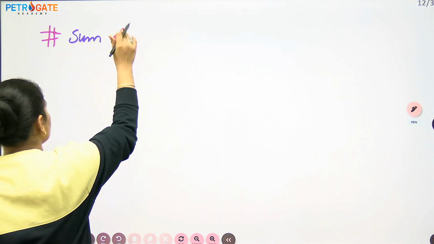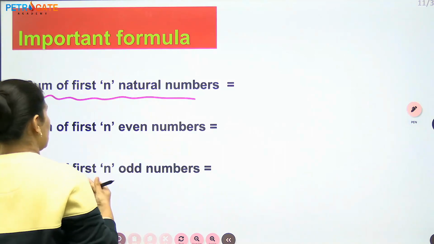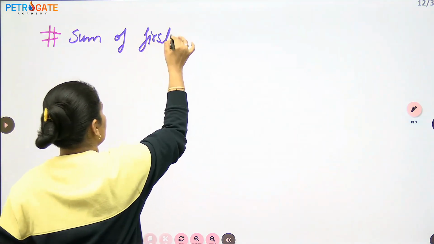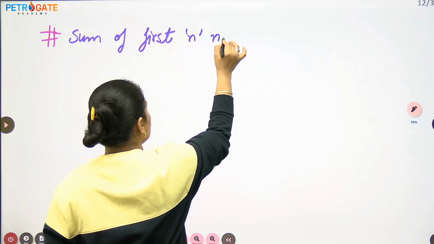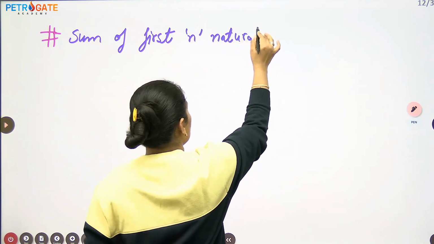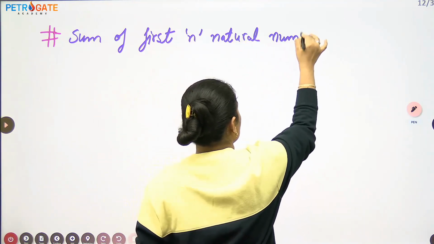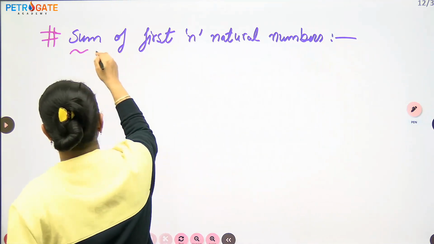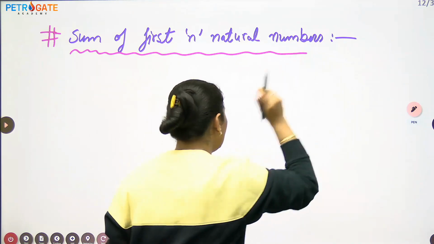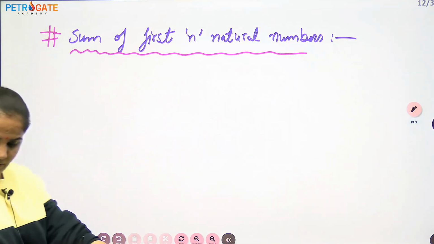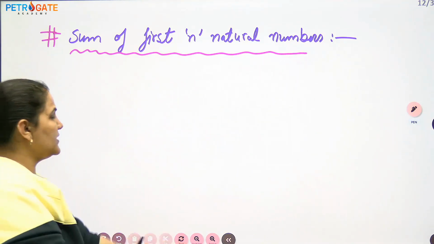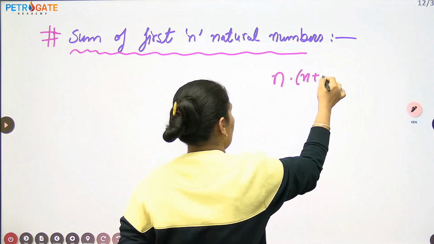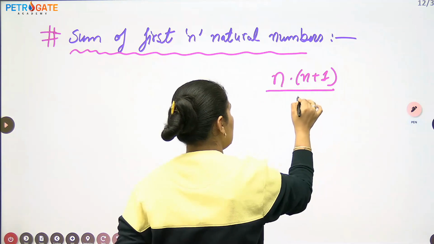Sum of first n natural numbers. Let's discuss: what is the sum of first n natural numbers and how do we deal with this one? We know very well the sum of first n natural numbers is equal to n times n plus 1 by 2.